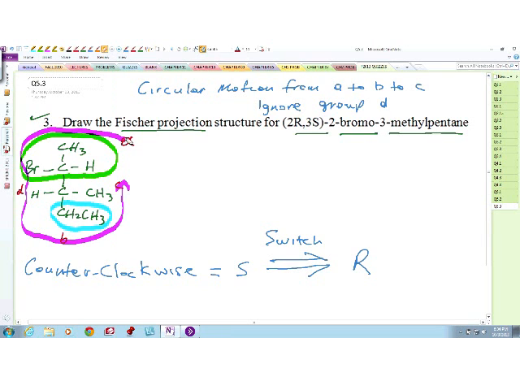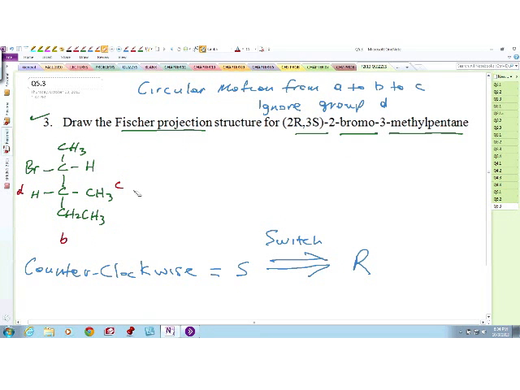Okay, let's take everything out. So this is R, the way it is right here. But what do we need? We need S. So therefore, what do you do? Switch it.